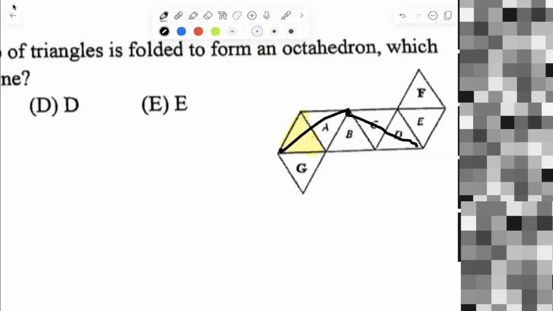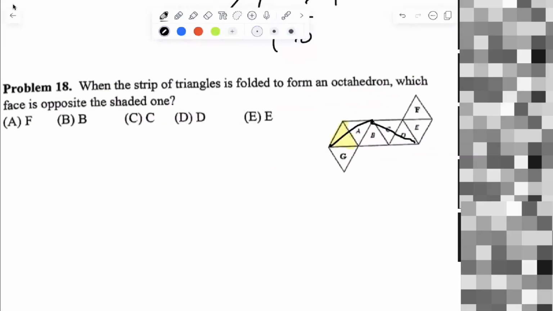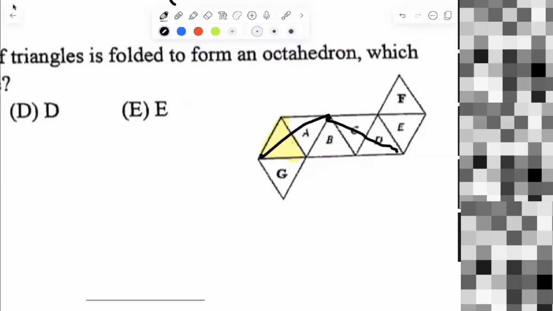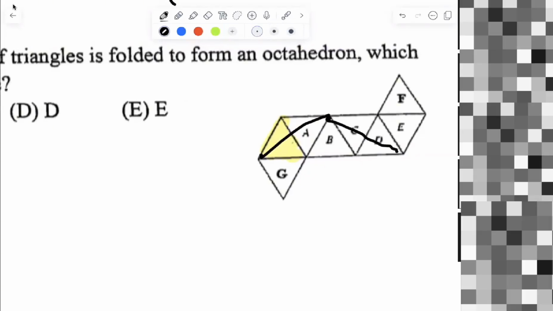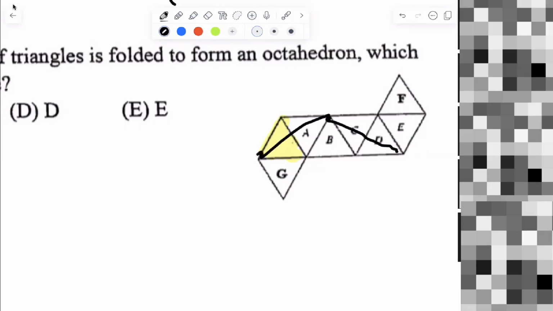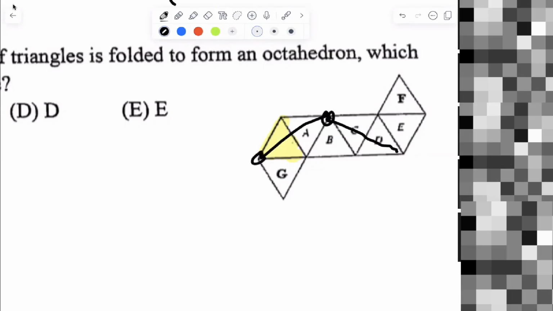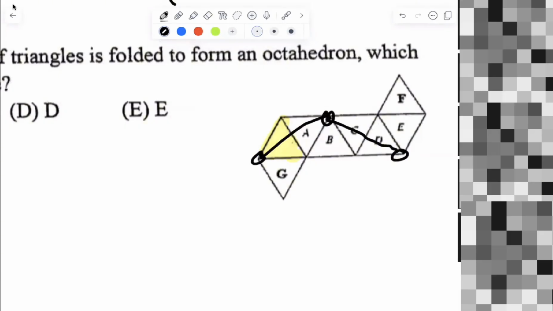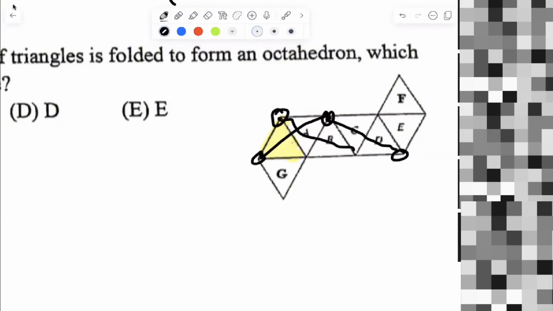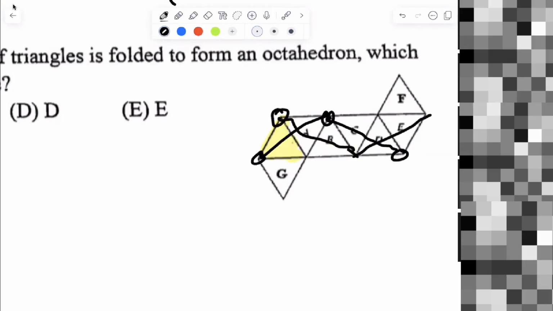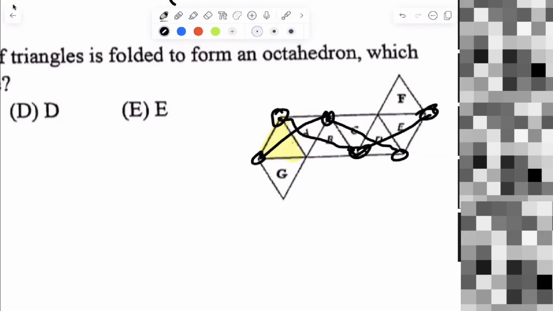So this face, this point right here, intersects with this point right here and this point right here. And then we can find this point right here, draw it to here, and draw it to here. Will intersect.